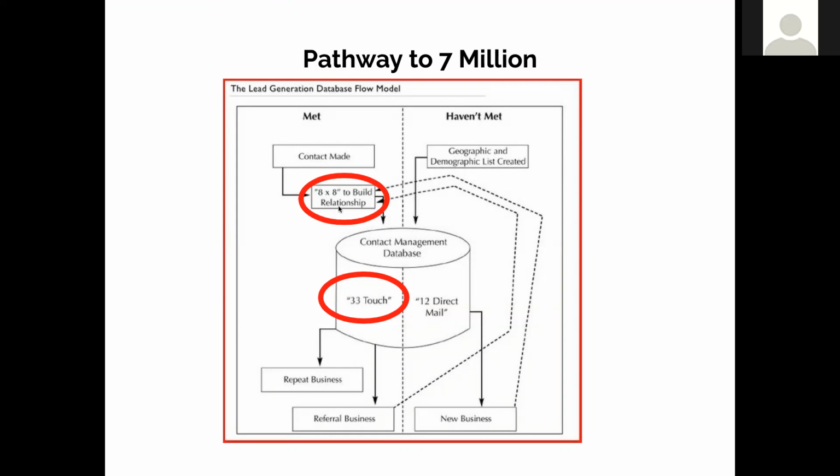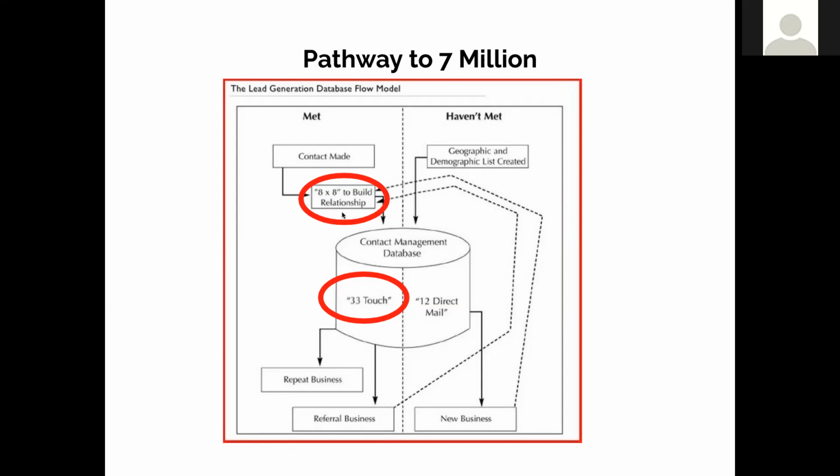So I want you to look here really quickly about how these two circles are set up and how the graph is set up. You will see that you make a contact with somebody, you put them in your 8x8 program, and then those people fall, boom, down into this contact management database. Contact management database is your CRM, in our case, Command, and your contact management database runs your 33 touch program for you.